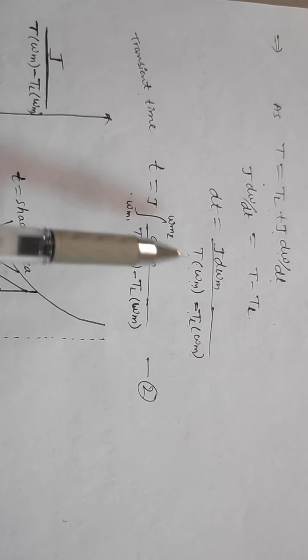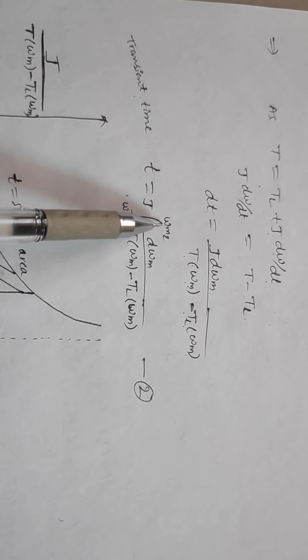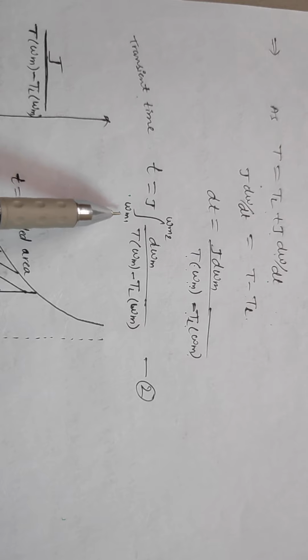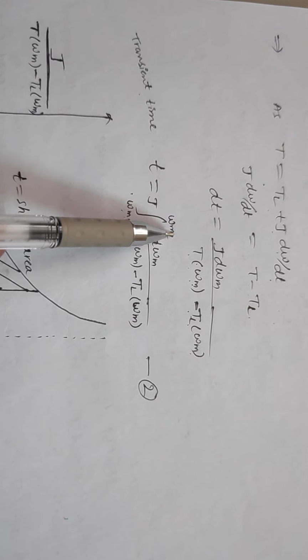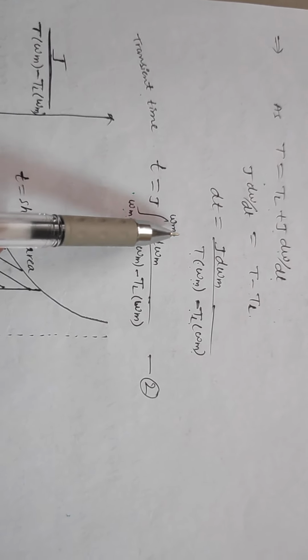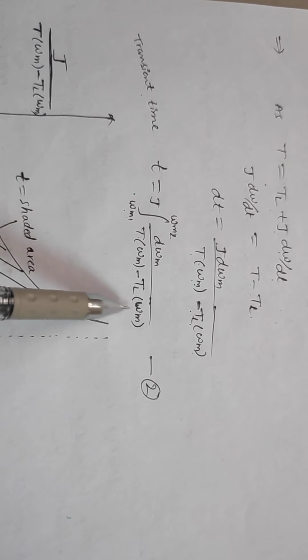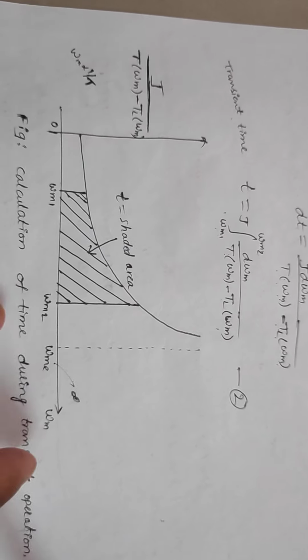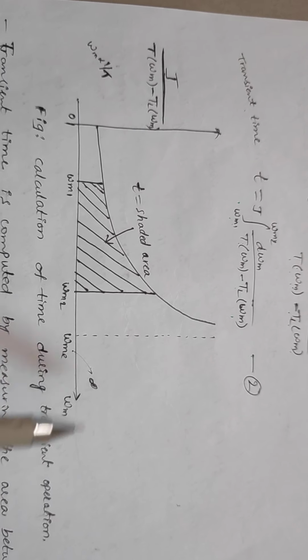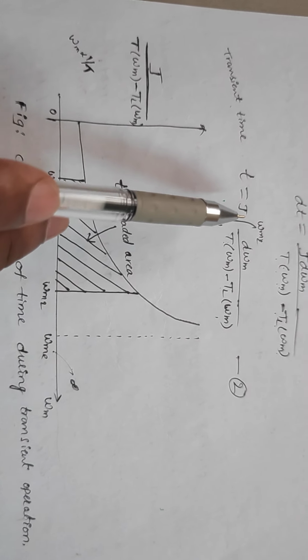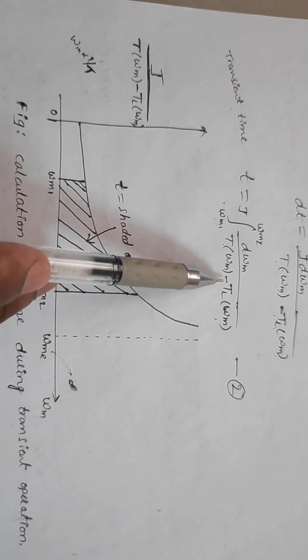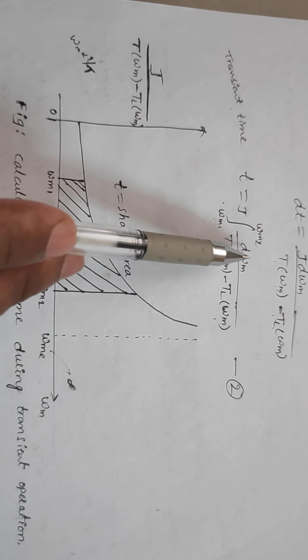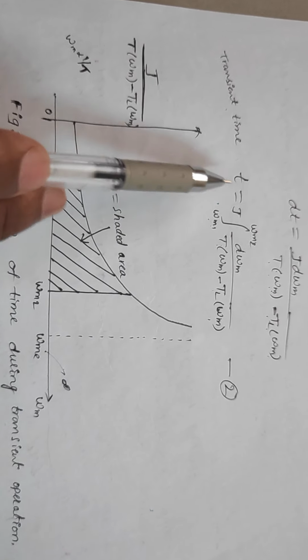The transient time T is equal to J, which is constant, times the integral with limits omega m1 to omega m2, as the speed changes from omega m1 to omega m2, of d omega m by T of omega m minus TL of omega m. This is the equation to find the transient time.